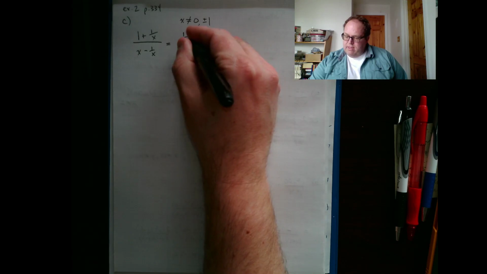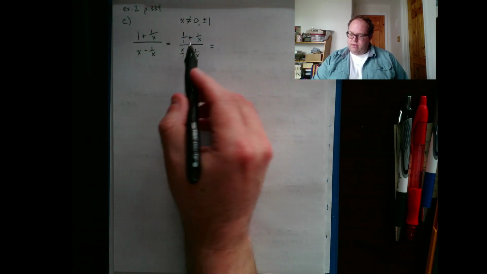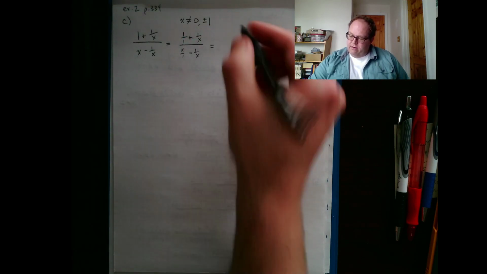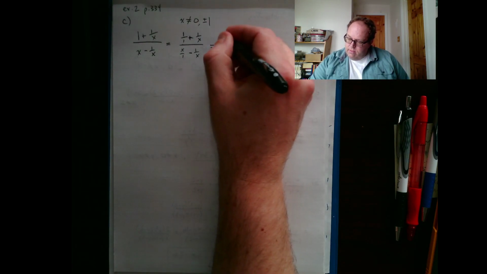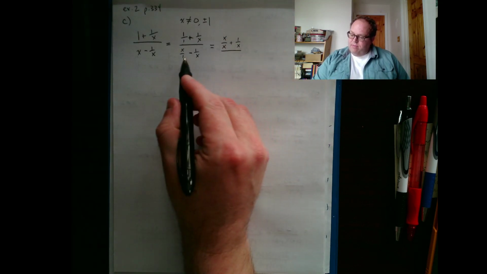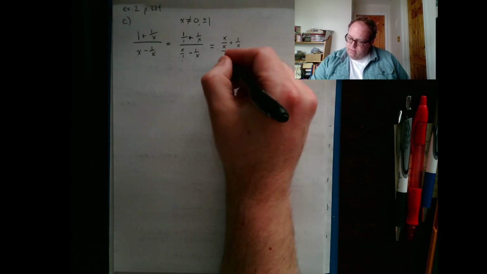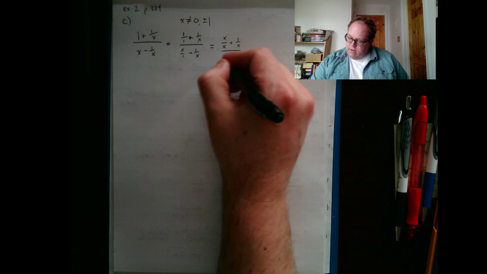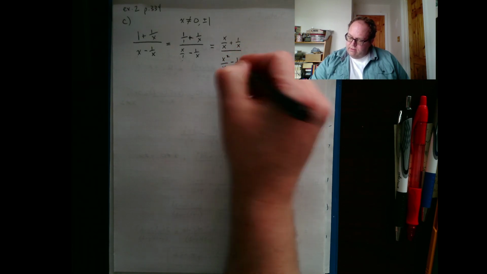So, to combine the addition in my numerator, I'm going to make sure these both have a denominator of x. And the same thing for the denominator. X squared over x minus 1 over x.